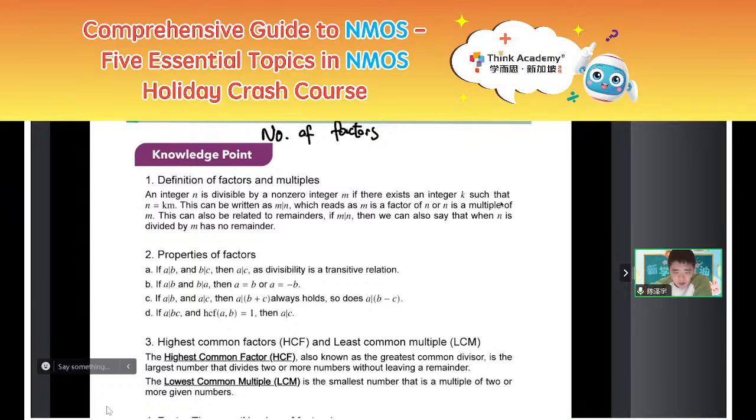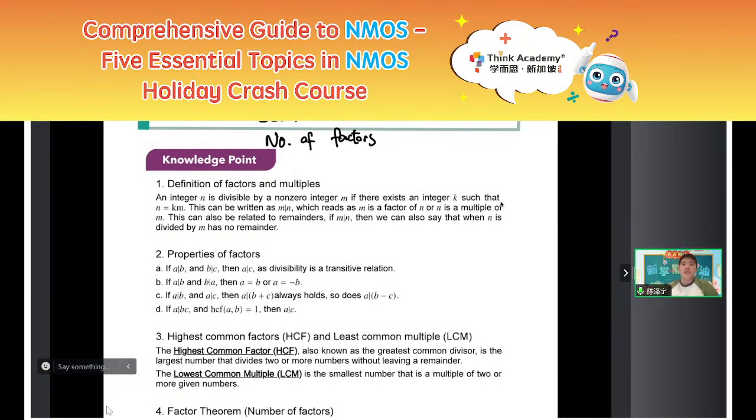All right. So let's start with the properties of factors. Or I should say, what do factors mean? I will always start with the definition. What are factors? What are multiples? A factor is a number that can evenly divide another number.